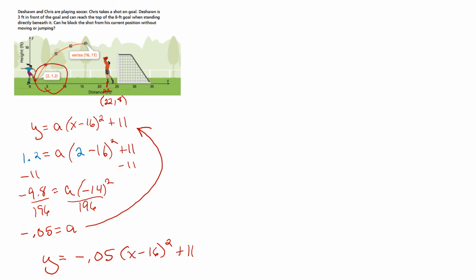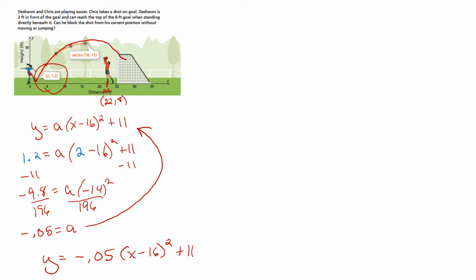It's negative, which should make sense, being that it's opening downward. This is our parabola right here, opening downward. And that a value is less than 1 because it looks kind of wide here. So that's the equation. The equation was not the answer, though.